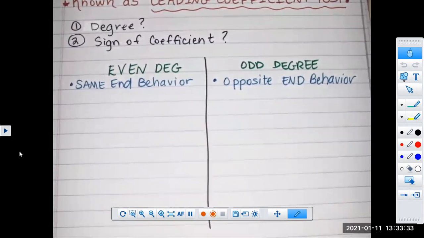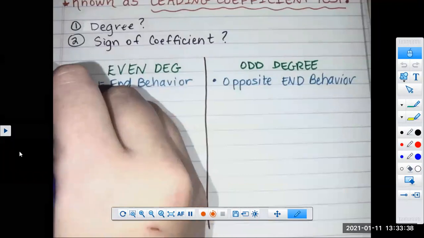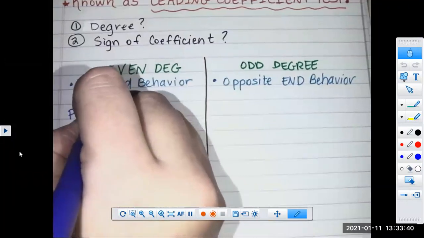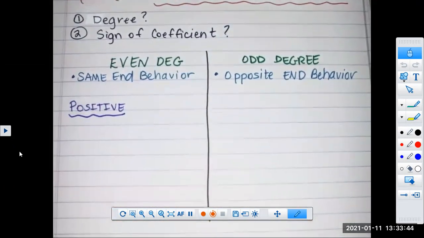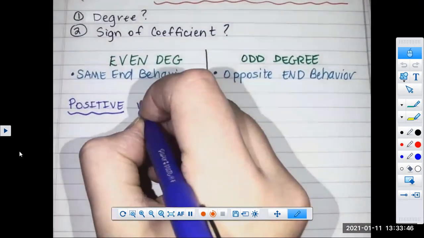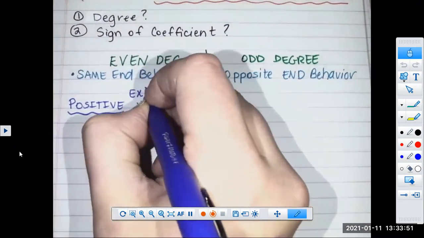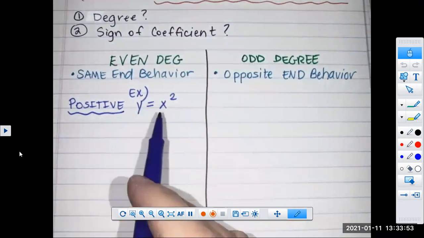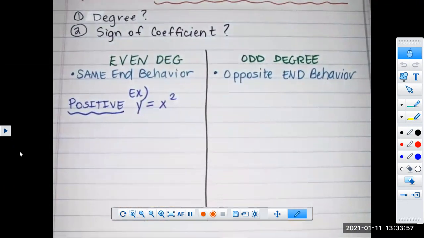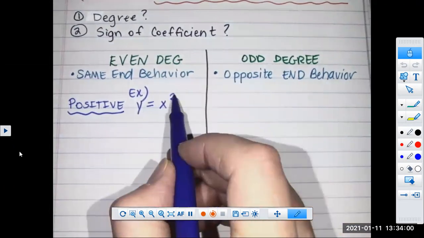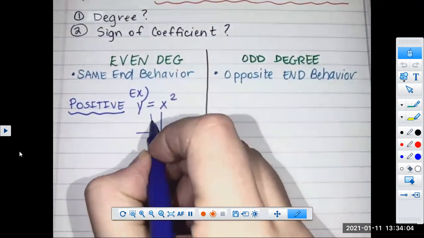Okay, if your leading coefficient is positive, so if I have a positive number out front, for example, I'll do the basic graph that you know. Example: y equals x squared. What's my coefficient in front of x squared? Good, positive 1. It's an even degree. You know that graph looks like this.